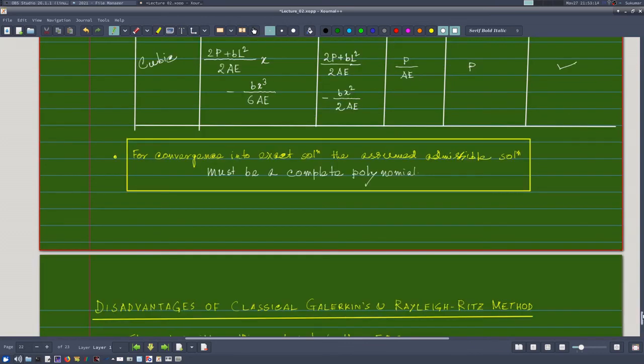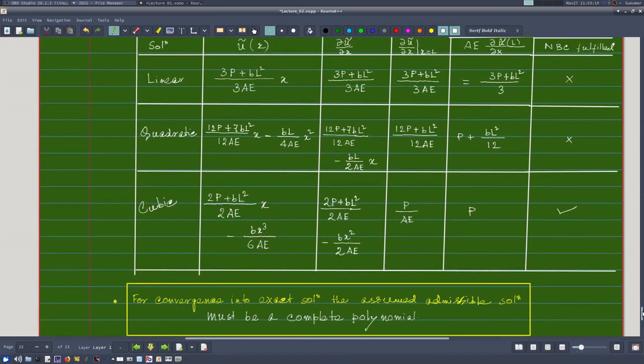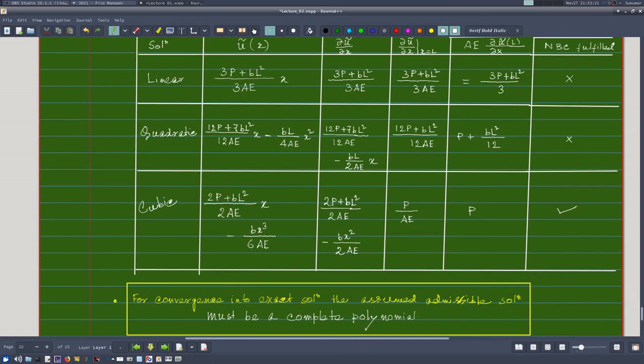We have seen how the linear, quadratic, and cubic polynomial solutions perform for the axial deformation of an axially loaded bar.